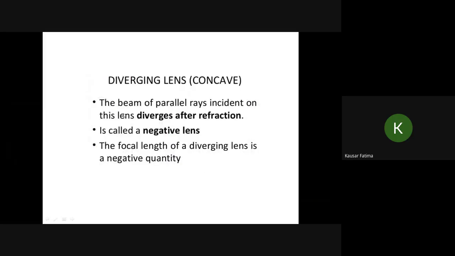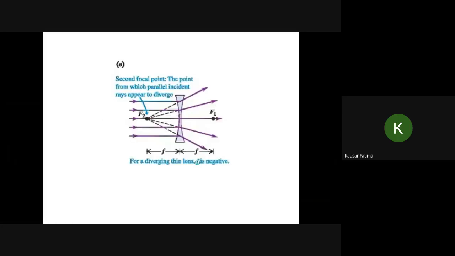For a diverging lens or concave lens, the beam of parallel rays incident on the lens diverges after refraction. This converging and diverging of the rays is due to refraction. This is a negative lens because its principal foci are not real; the rays do not actually pass through the focal point. In the diagram, these are the parallel rays, and instead of converging towards f1, they are diverging.